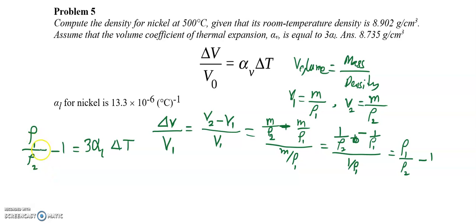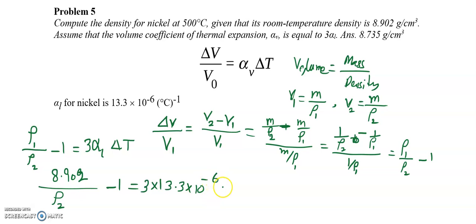So rho 1 is 8.902 at room temperature, and rho 2 we need to find. Minus 1 is equal to 3 times alpha L. Alpha L is given as 13.3 into 10 to the power minus 6. And then delta T is the final temperature minus the initial temperature.